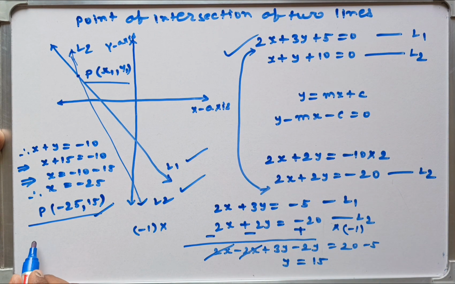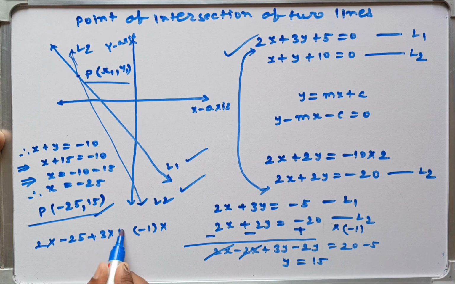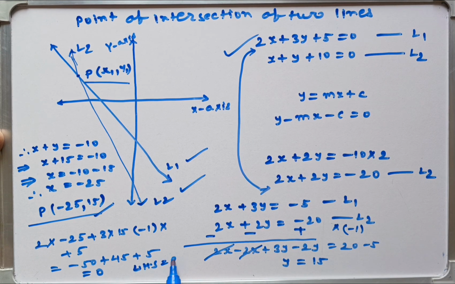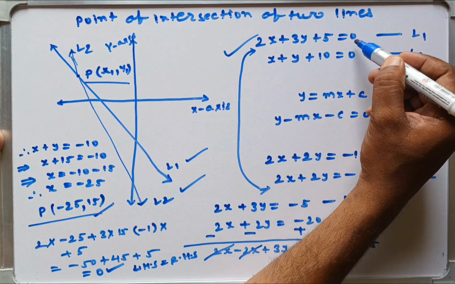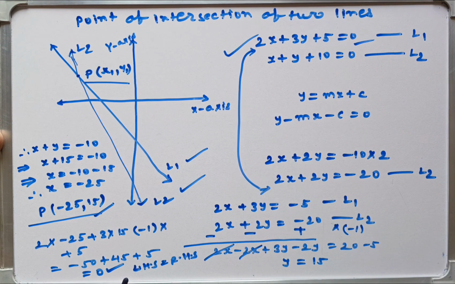If we put the x and y values here, then it becomes 2 into minus 25 plus 3 into 15 plus 5. So guys, this becomes minus 50, this becomes 45, and this one 5. So finally you will get 0. So what you see here is that the LHS value equals the RHS value. Here the LHS value is coming 0 and the RHS value is already given as 0. So our solution is correct.